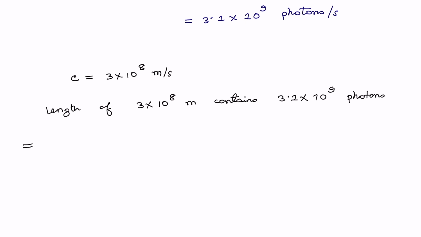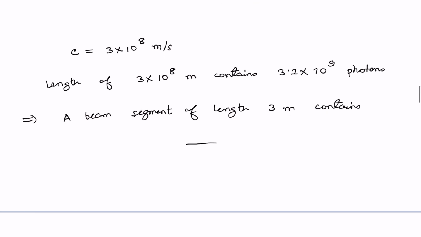So this implies that if I take a short length, say the beam segment has length 3 meter, it is easy to calculate: it would be 3.1 × 10^9 divided by 3 × 10^8.